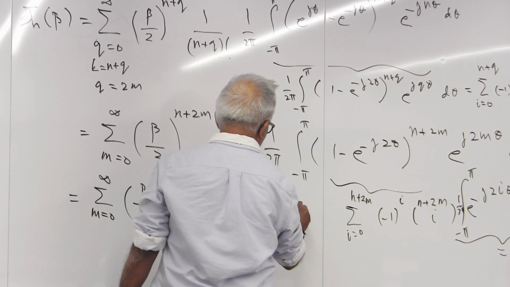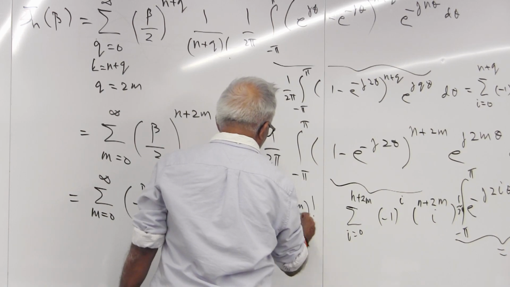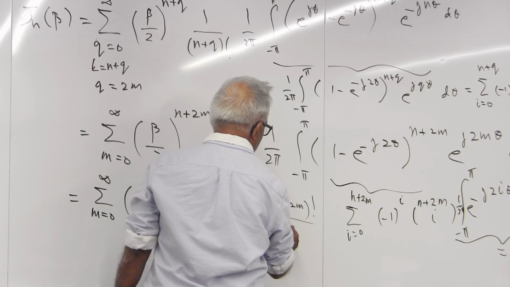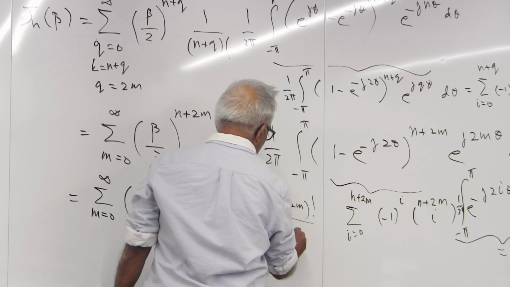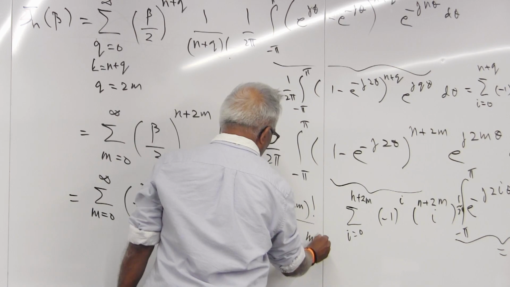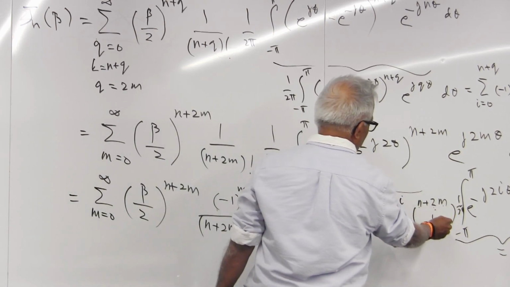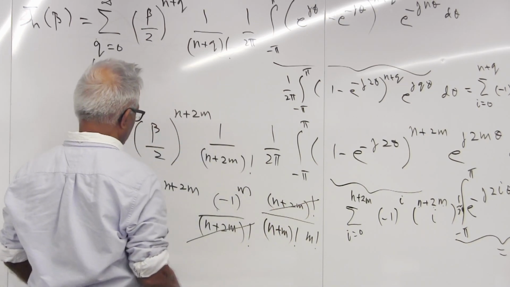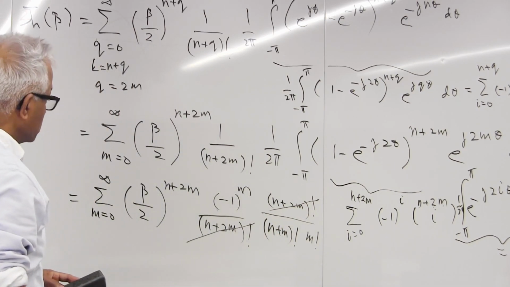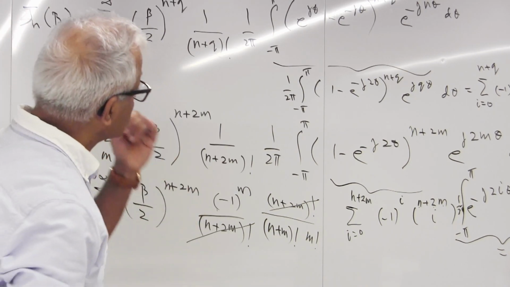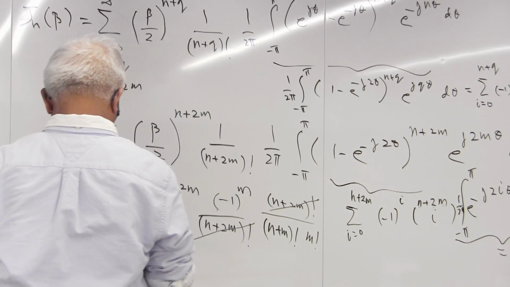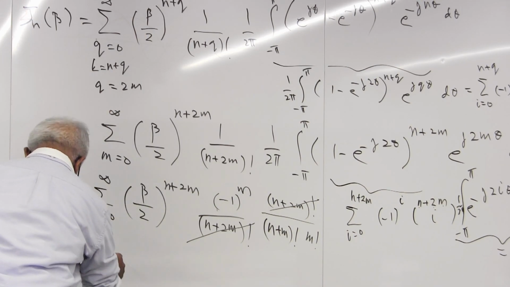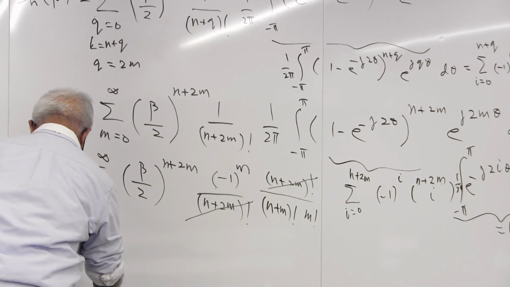So this is n plus 2m factorial, then n plus m factorial, then m factorial, because n plus 2m choose m. So n plus 2m factorial cancels, and we get this expression. This is a standard expression. I was just deriving it.